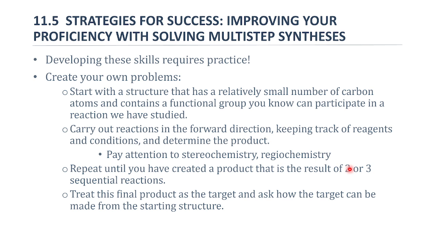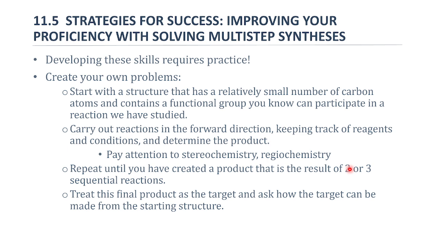You start with a structure that has a relatively small number of carbon atoms and contains functional groups you know can participate in a reaction that we have studied. You can carry out reactions in the forward direction. You keep track of reagents and conditions and determine the product. Pay special attention to stereochemistry and regiochemistry. Stereochemistry and regiochemistry are, if you're going to mess up, probably where you're going to mess up.